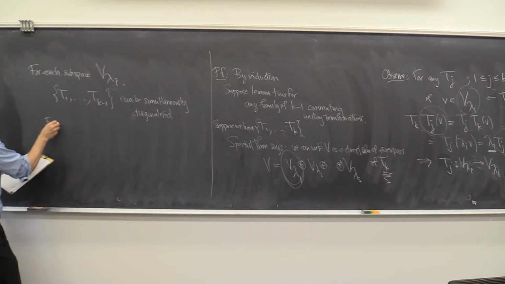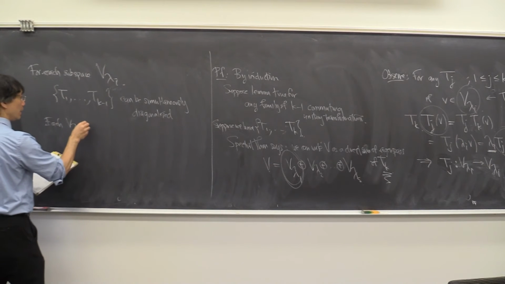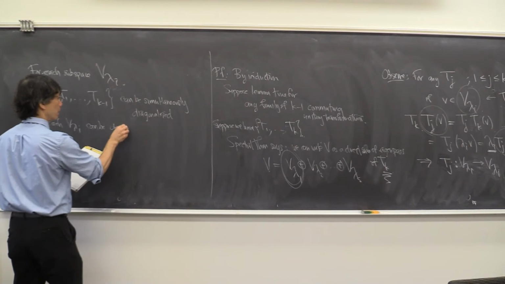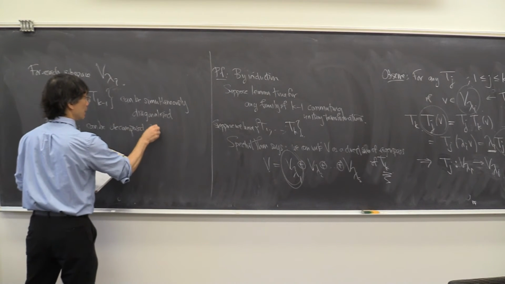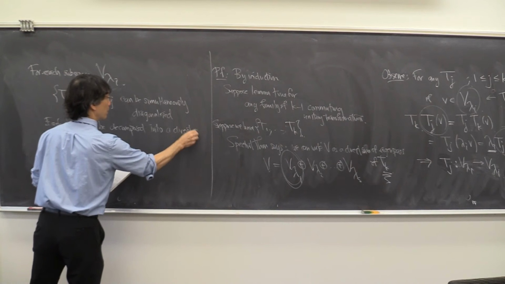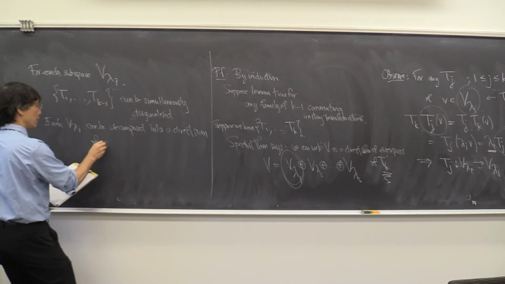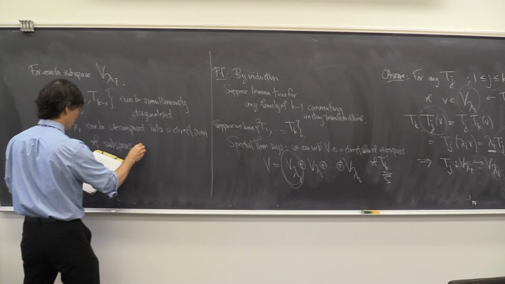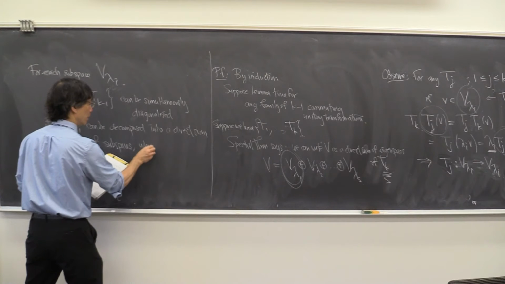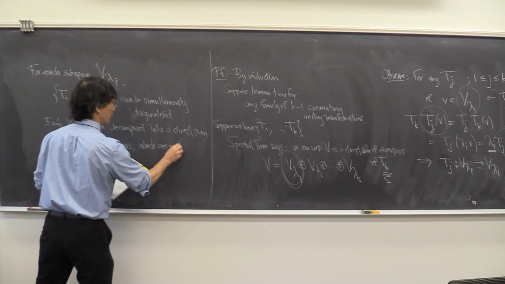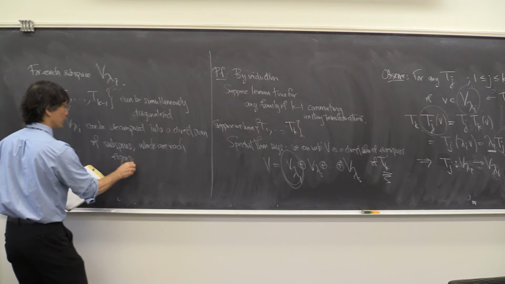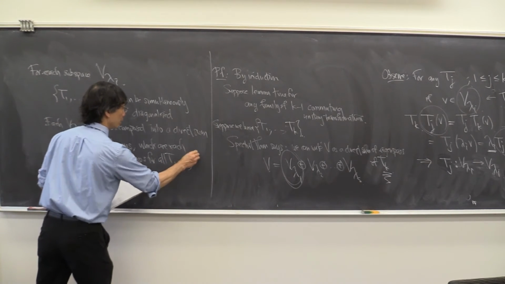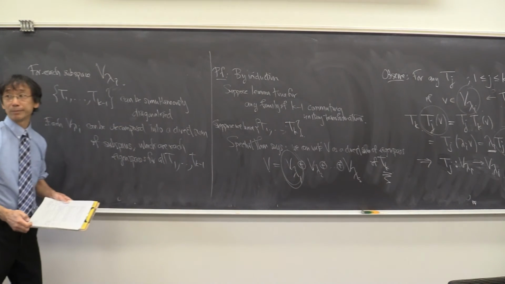Right. So each V lambda i can be decomposed into a direct sum of subspaces which are each eigenspaces for all of T1 through T k minus 1.